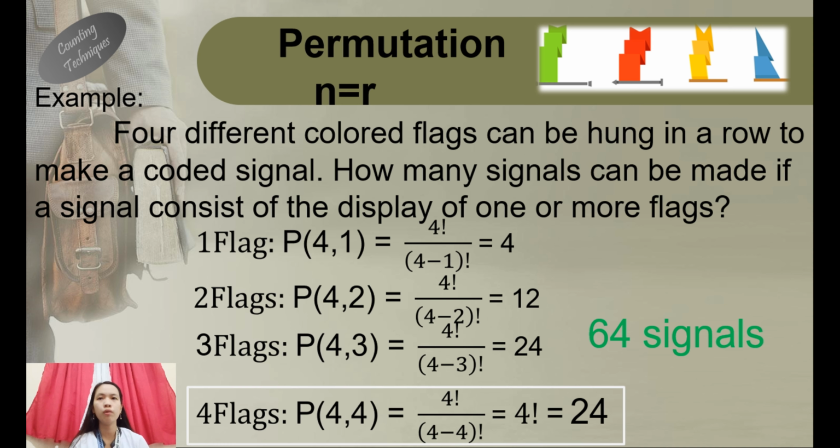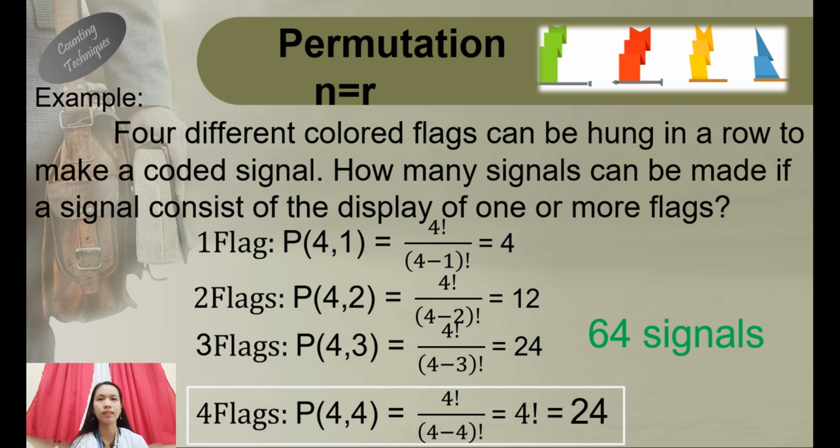So, let's move on to 3 flags. The permutation of 4 objects taken 3 at a time is equal to 4 factorial over the quantity 4 minus 3 factorial. So, it is equivalent to 24.